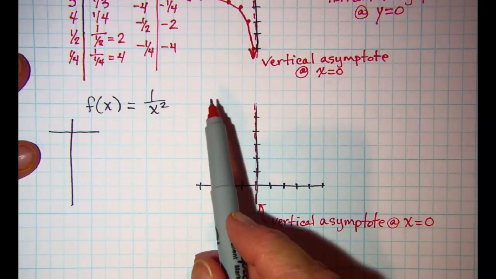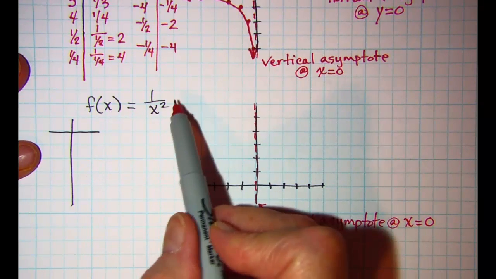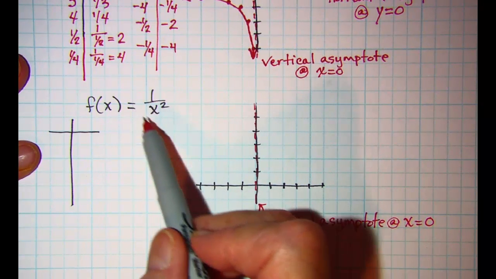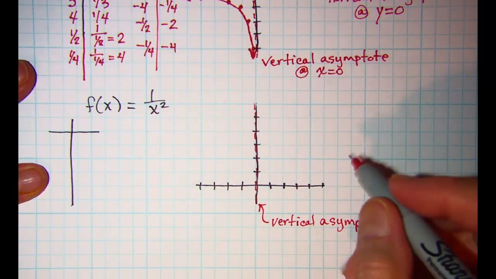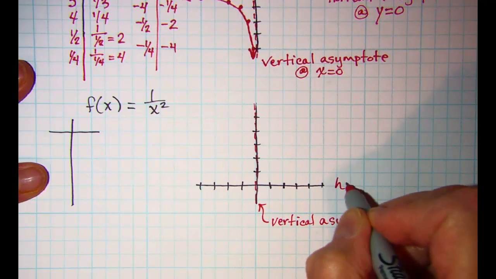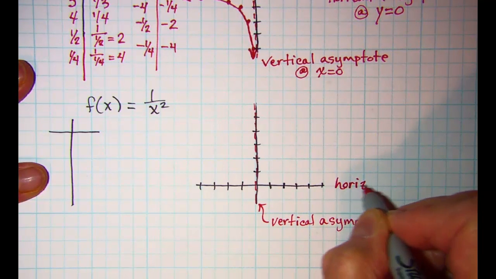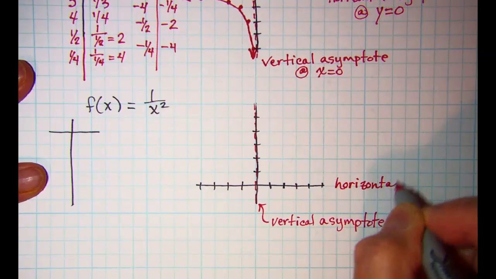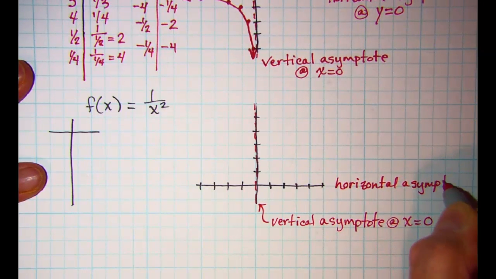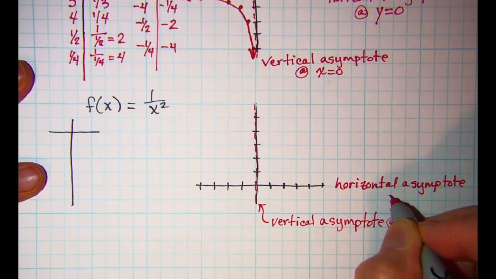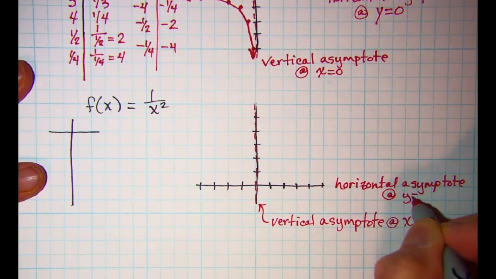And just like with the previous graph, this whole fraction will never equal 0, which means y is never going to equal 0 either. So I have a horizontal asymptote at y equals 0.